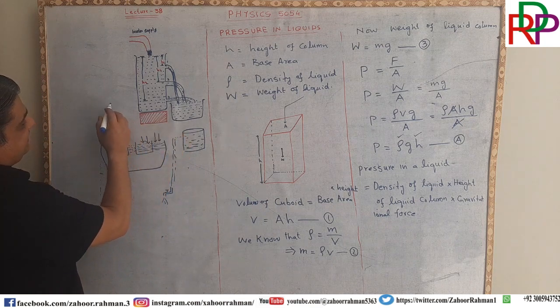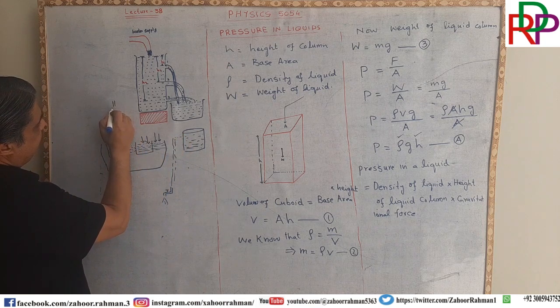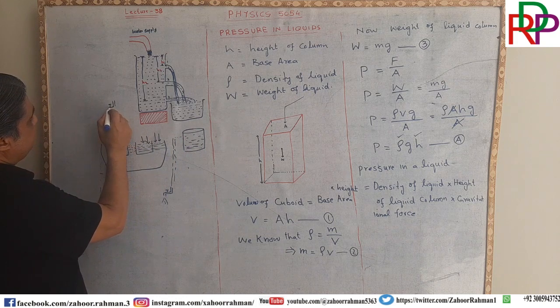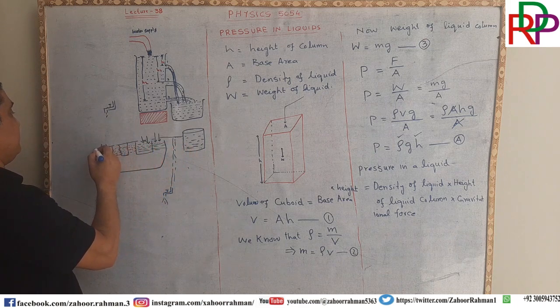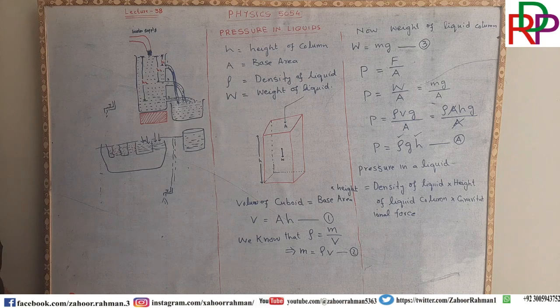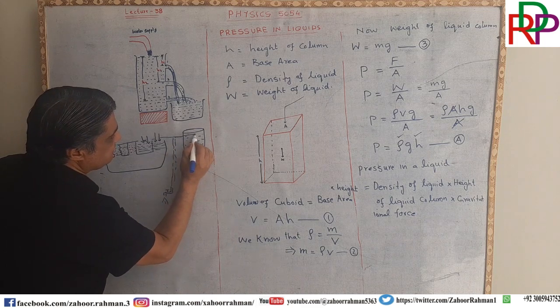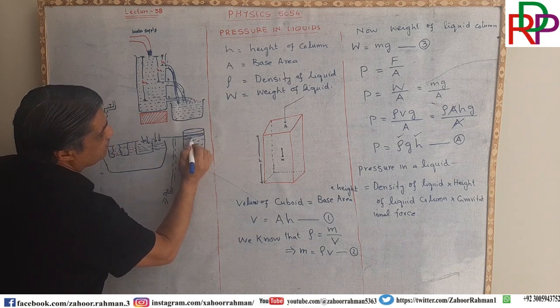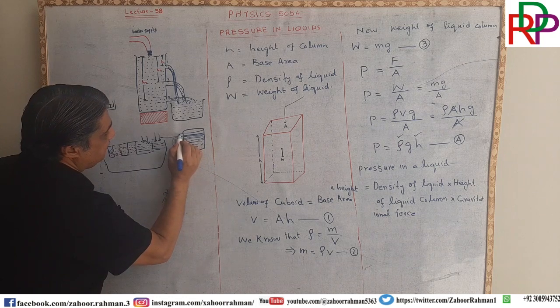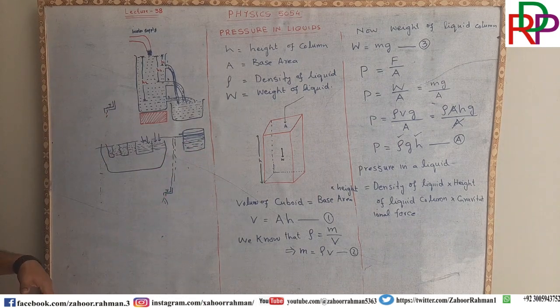But if this tap is made here, then water will not come out from this tap because it is above this water surface, and I told you that the water level always maintains at its surface. Ladies and gentlemen, if this is the surface of water here, and you are making the tap here, you will not receive any water because this tap is above the surface of the water.